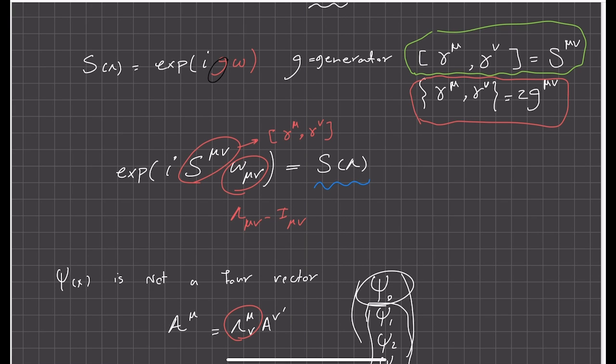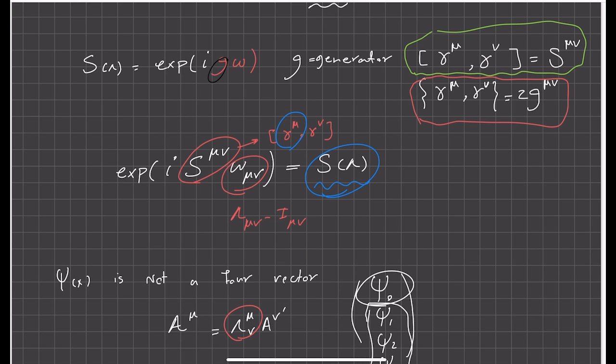If you are interested in some complicated algebra, you can basically prove that this S that we constructed from those gamma matrices satisfies the relationship that we need for the Lorentz algebra.